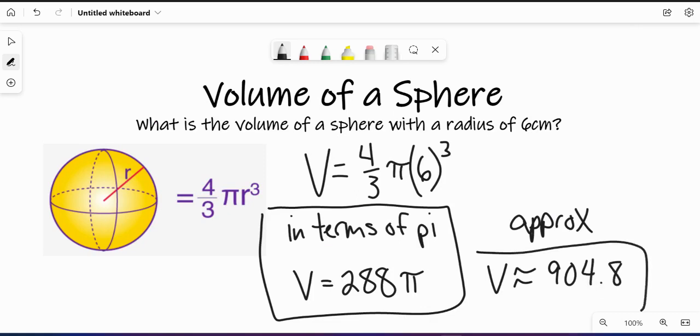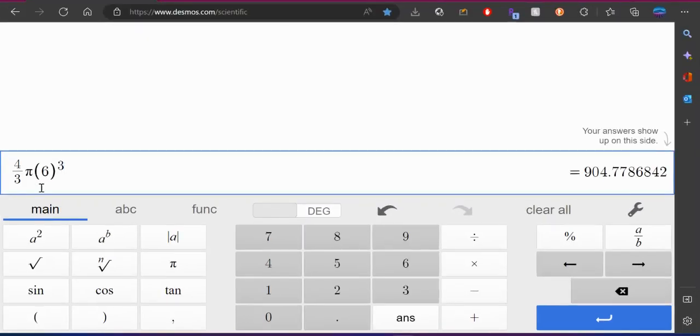Okay. So two different types of answers that could be asked. Either in terms of pi, that means you don't include pi in your calculator, or an approximation where you do include pi in there, okay?